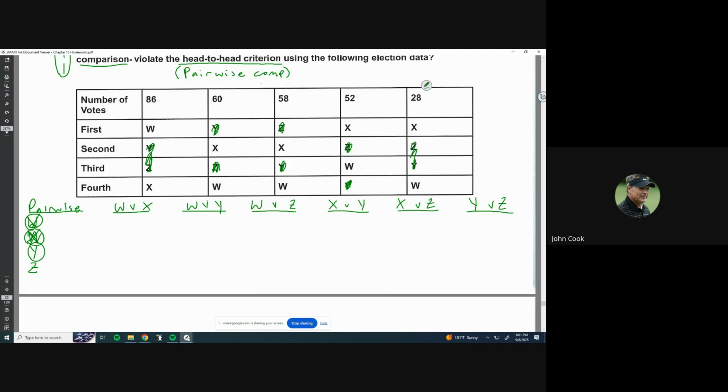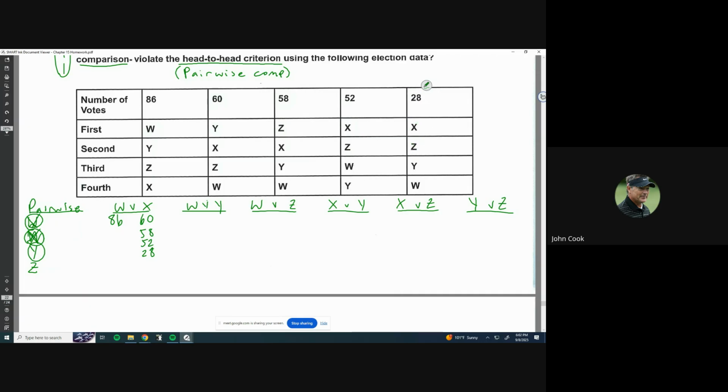So W gets 86 votes, and X gets the rest of them: 60, 58, 52, and 28. I'll use my calculator in a little bit and add those together. Let's gather the info first and then start totaling them up.